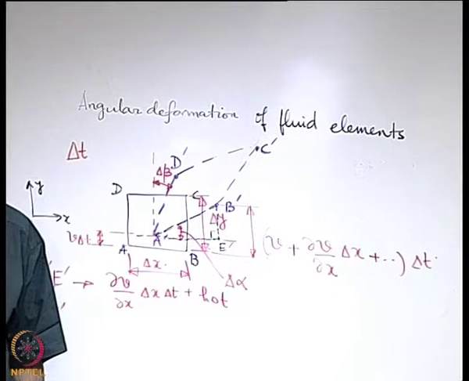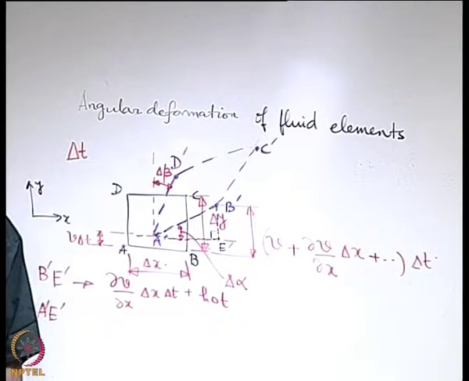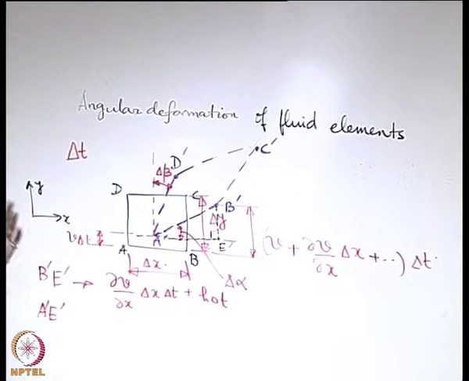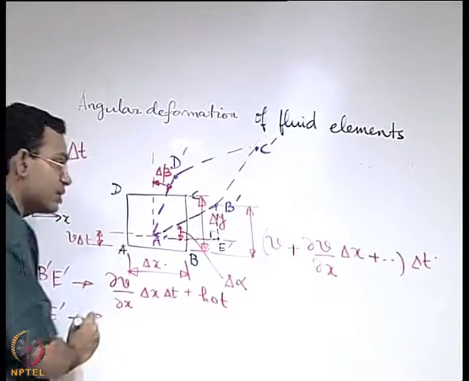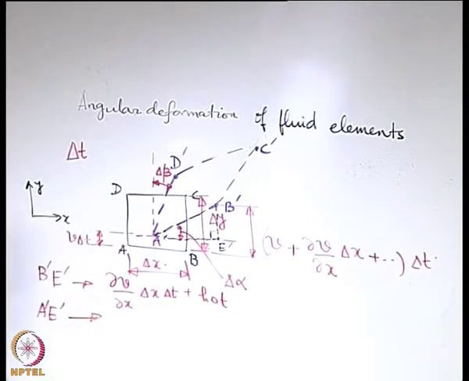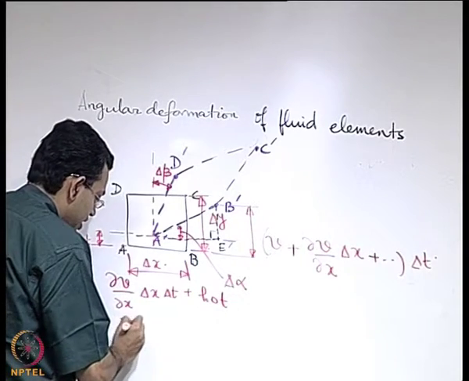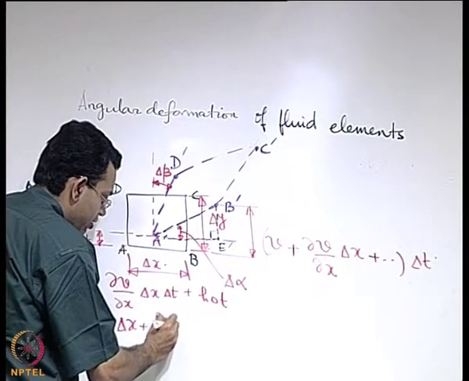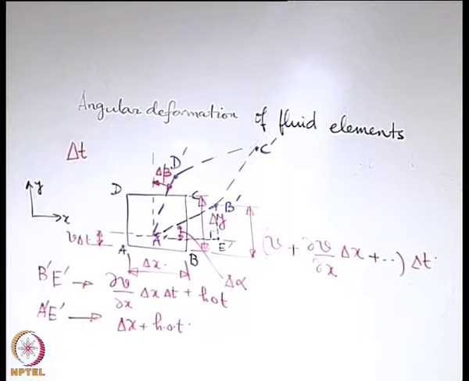So, delta x plus the strain along x times delta x, and that is much smaller than delta x itself. We have figured out earlier what that is. So, it is delta x plus some higher order term, that is the new length along x.